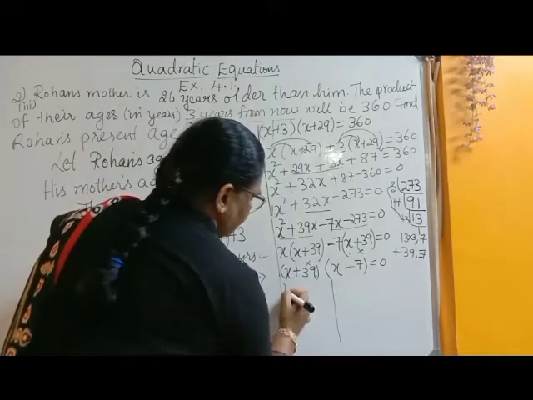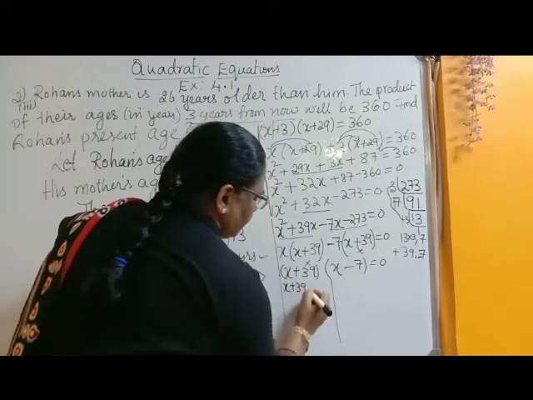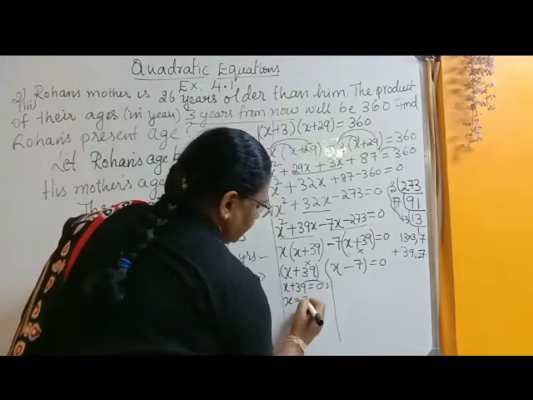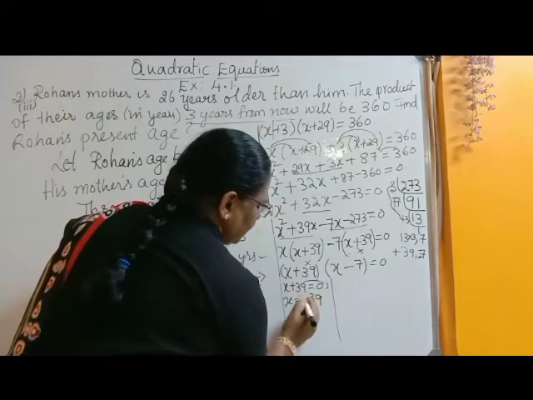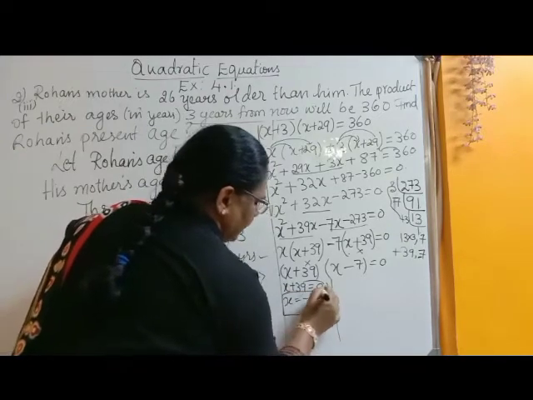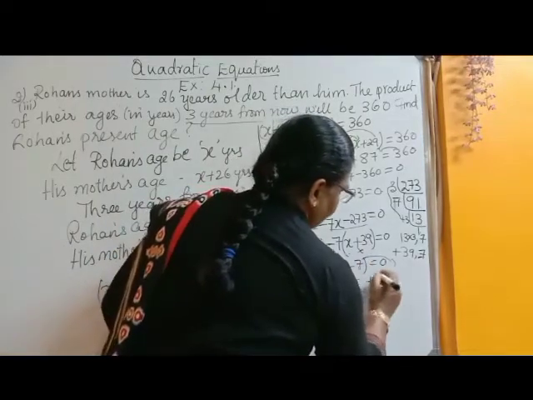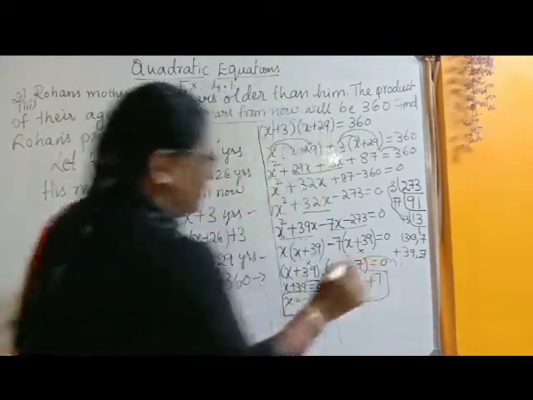x plus 39 is equal to 0. Shift 39 here, x is equal to minus 39. x minus 7 is equal to 0, shift here, plus 7.